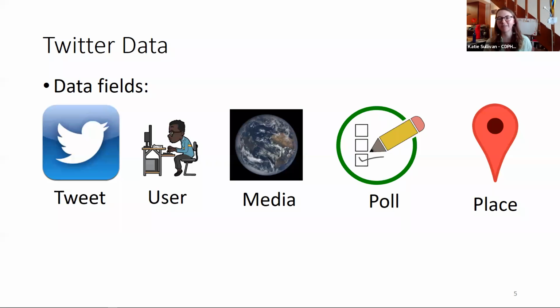So what data fields can you actually access on Twitter using the API? There are really 5 major fields or objects that you can access. And I would recommend going onto the Twitter Developer Data Dictionary that's available online for a better rundown on all of them, but we'll go through them here just briefly. First you have the tweet, of course, and this is the text of the tweet itself.